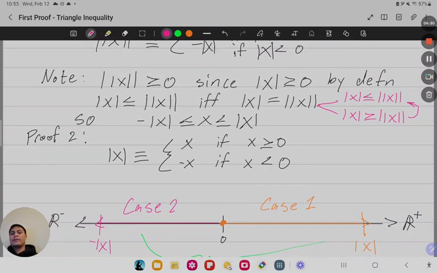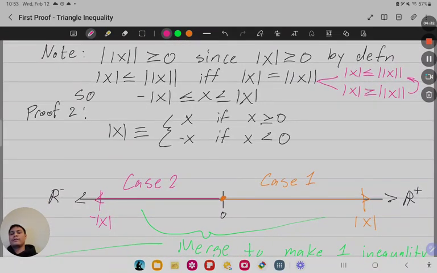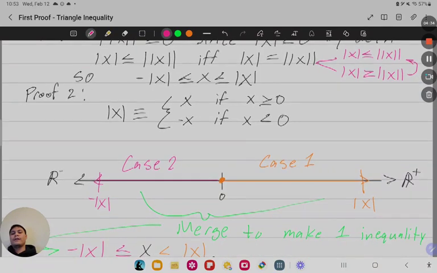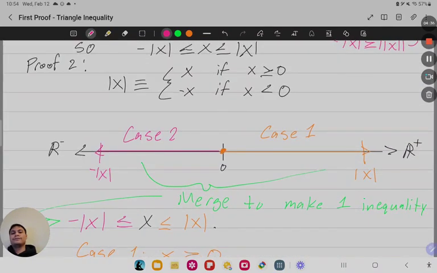The second way we can word this is we can quote the definition again, and then we can graph these domains. So if x is positive, it's going to go all the way up to the positive of the absolute value of x. If it's negative, it's going to go all the way down to the negative of the absolute value of x.